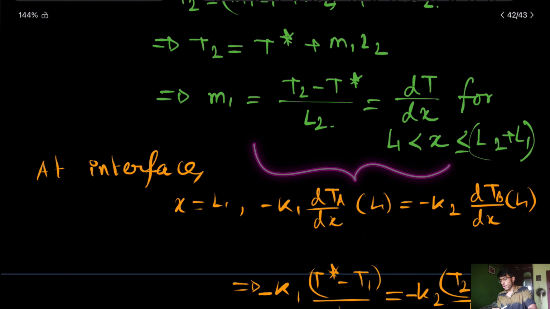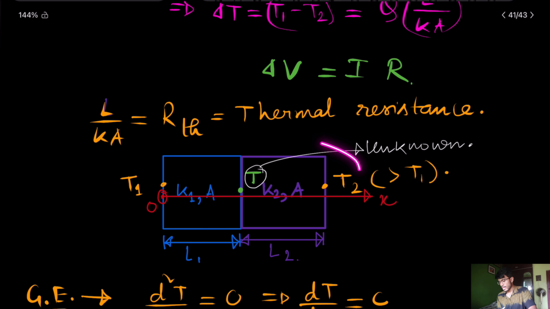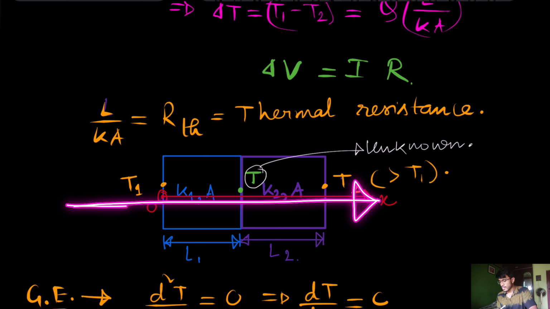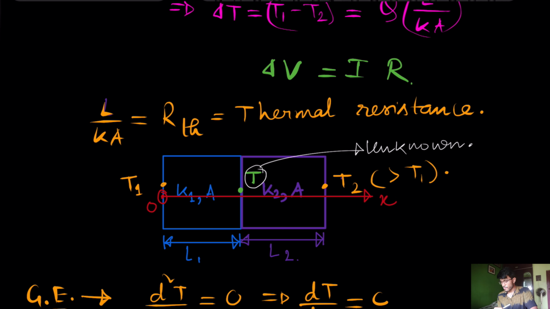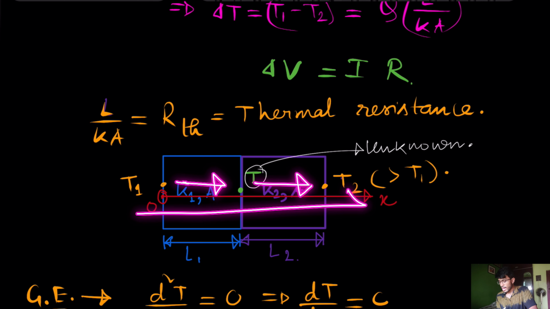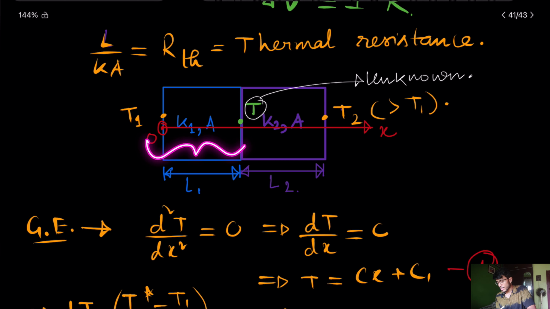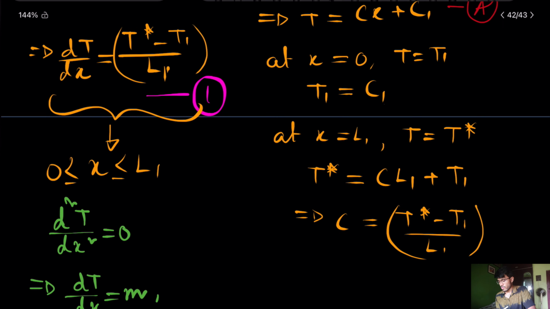That is, if the blocks are in series combination, then the same heat flow will be there, because at any cross section, if that is in the steady state, there should be a steady heat flow, and if a steady heat flow is there, then the temperature difference of block 1 by the thermal resistance of block 1 is equal to temperature difference of block 2 by the thermal resistance of block 2, okay.